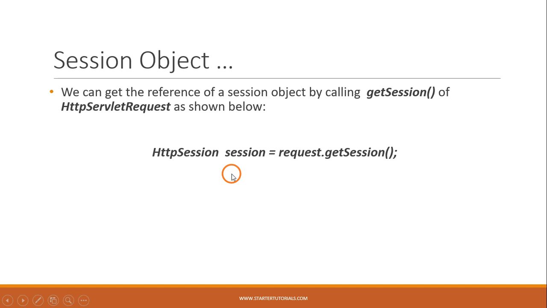Before storing anything in the session, we need to obtain a reference to that session by using the method getSession, which is available in the HttpServletRequest interface. Simply write one line of code to get the reference to the session and store it in a variable, and the type of this variable must be HttpSession.